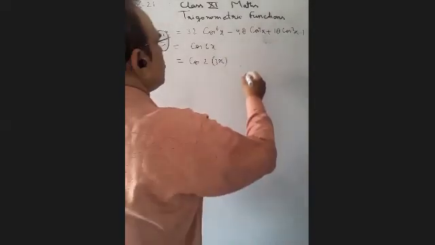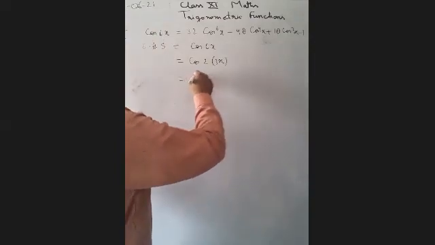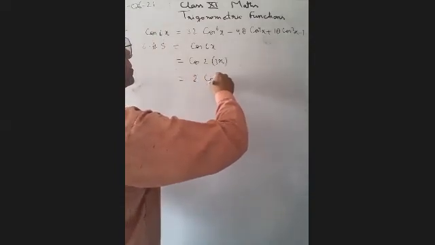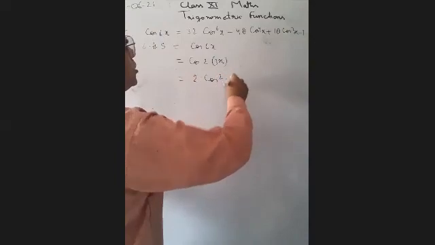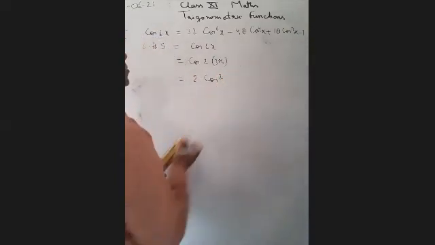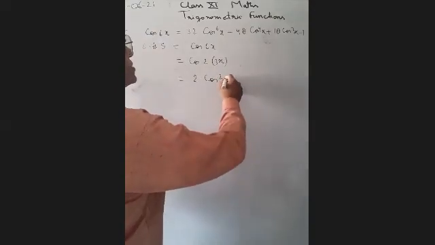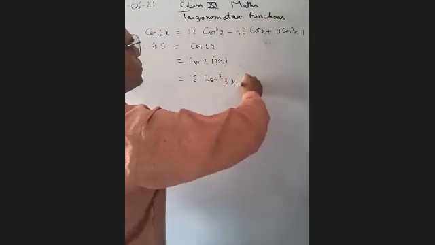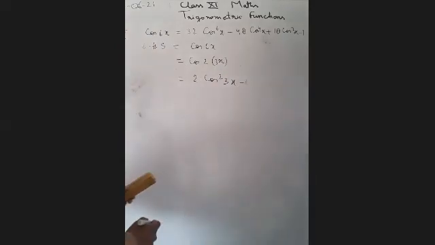What is the formula of cos 2x? 2 cos square x minus 1. In place of x, we have 3x. So 2 cos square 3x minus 1.